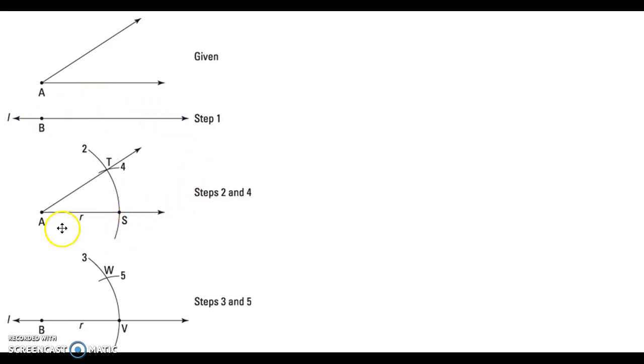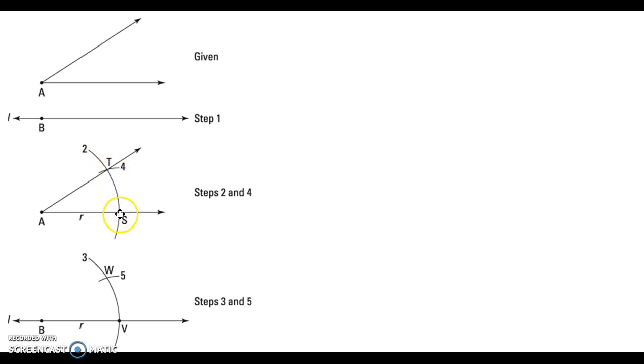Then what they did was they drew a reference arc, similar to the reference arc that they drew for the bisecting of an angle. And they copied that same exact arc to the line. So in other words, they took an arc and they put it here, and they took the same arc and they put it here. That's this arc number 2 and number 3. The second to last step is they took the width. Remember we called it the width in class? The width of this angle.